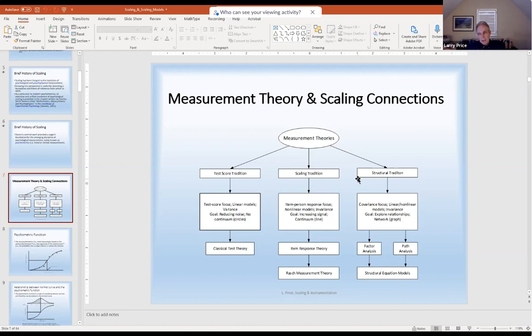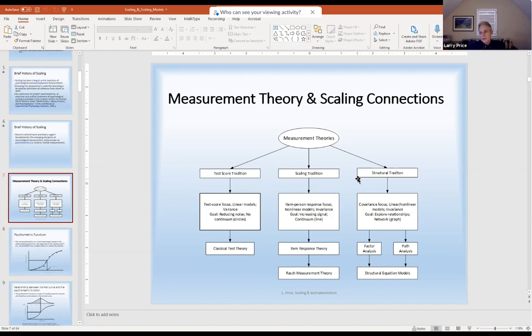By comparison, with a scaling approach, this is when Guttman entered the stage, in the mid-20th century. He's a rigorous person, and he's saying we need an actual model that's testable, not just that they get this many questions right, so that's their sum score and their proxy for their latent attribute.